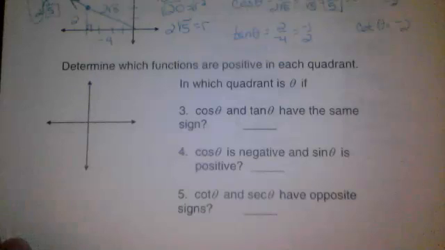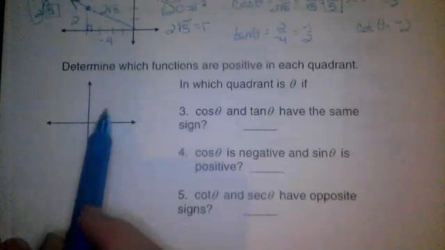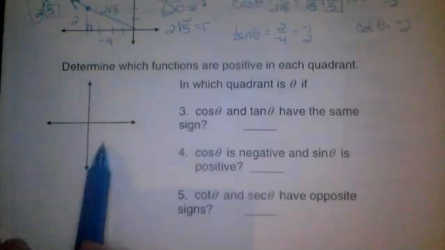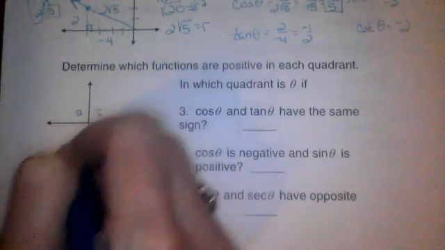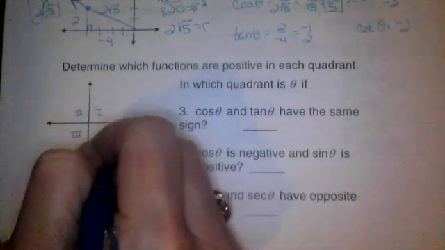All right, so we know that our angles can fall in any of these quadrants. So remember, this one is quadrant 1, quadrant 2, quadrant 3, and quadrant 4.